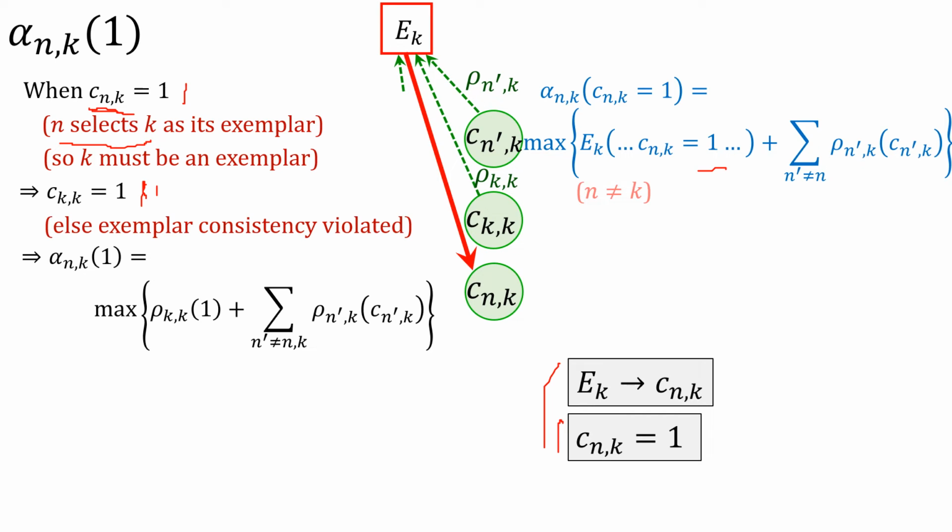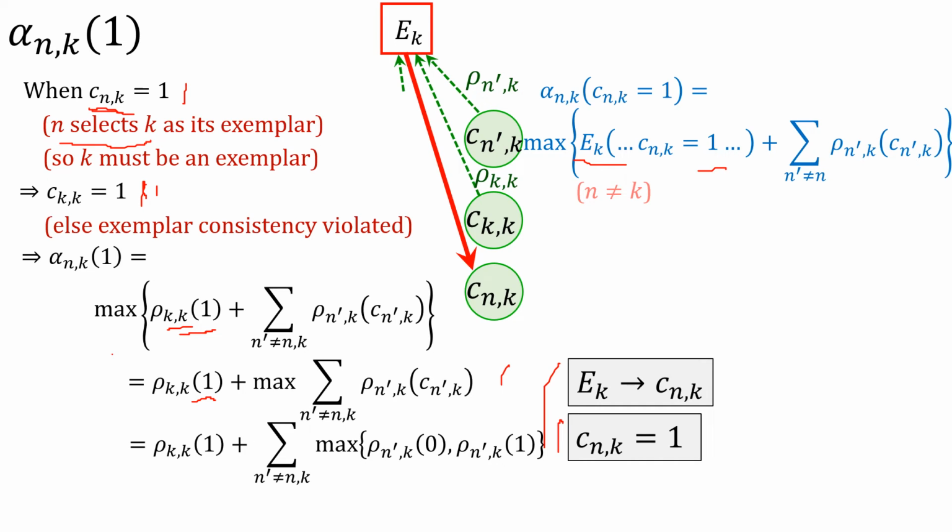Whence alpha nk1 is given by this expression here. This is cnk equals 1, and I'm removing the ckk1. It's fixed outside this maximization. So it's this expression here, which is equal to this maximization now.